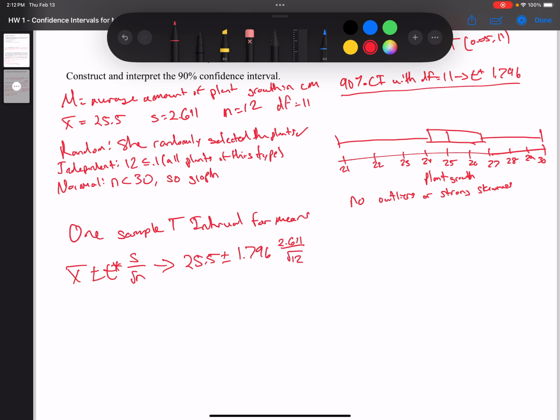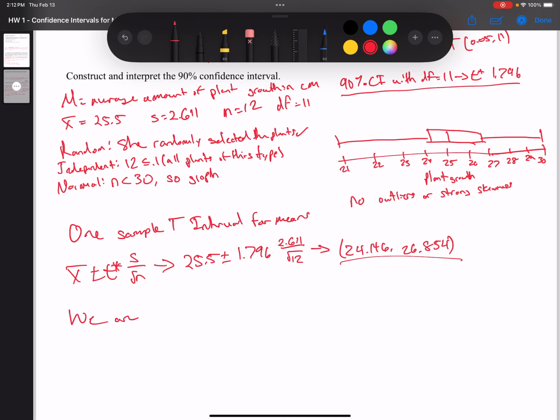And this gives us an interval of 24.146 to 26.854. And so there is our number answer. Then we got to conclude.